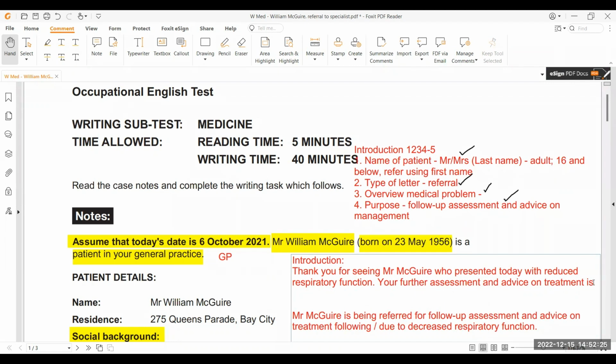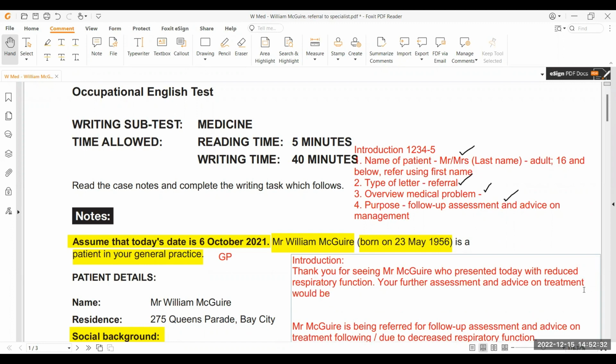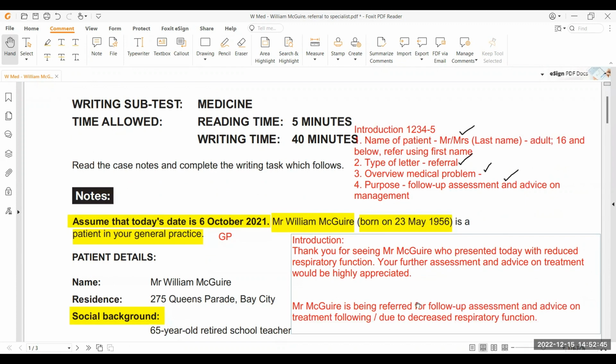We want to use a modal verb here because we want to be polite, so you could use "would be highly appreciated." Dr. Seifa, are you happy with that now? Okay.